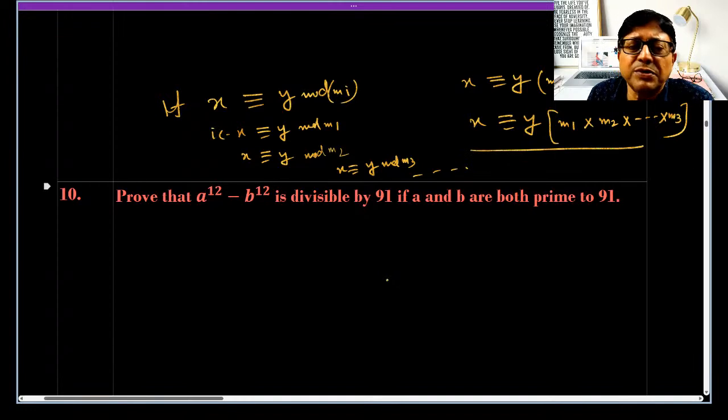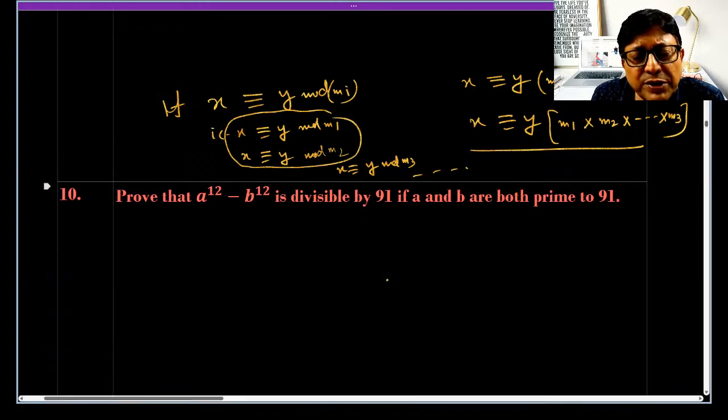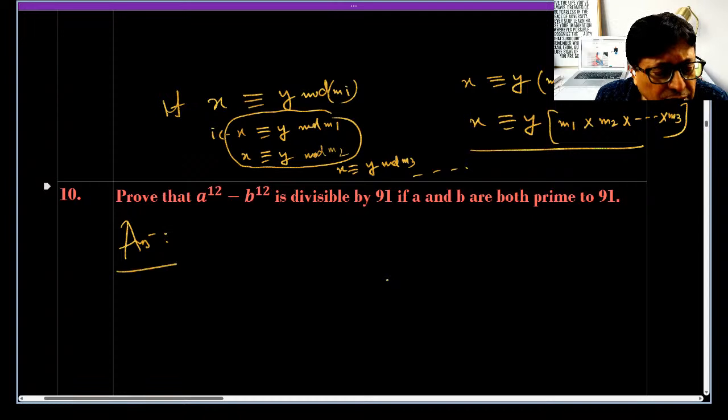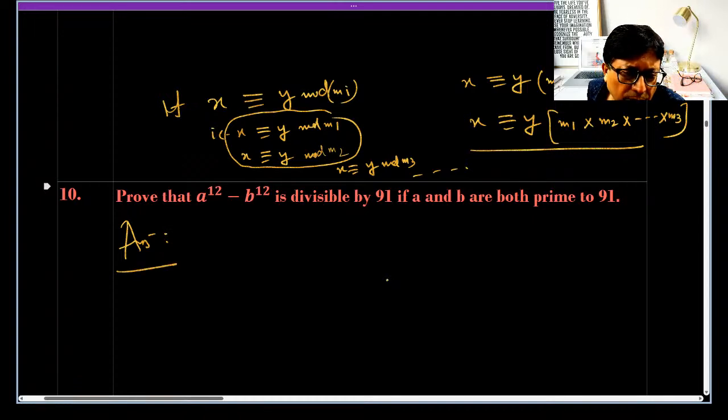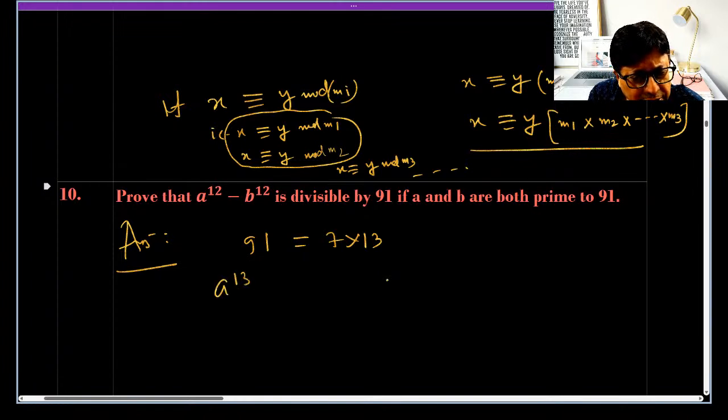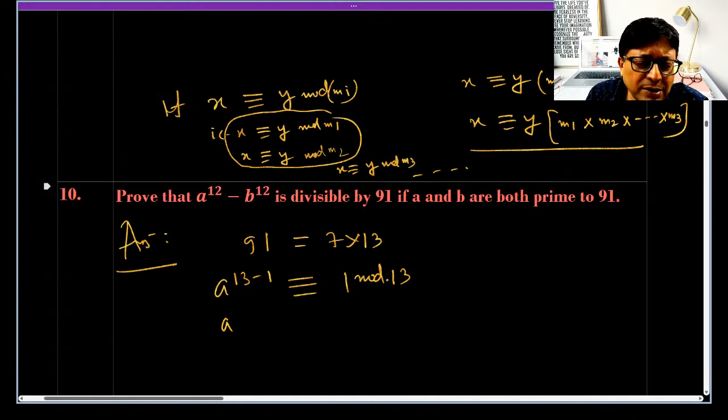Okay, I am going to use this thing. See how to do it. Here you go by divisibility by 7 and 13, because 91 is 7 times 13, the product of two primes. We look at that first. So a to the power 12, that is a to the power 13 minus 1, is congruent with 1 mod 13. Clear? And a to the power 6, that is a to the power 7 minus 1, will be what?